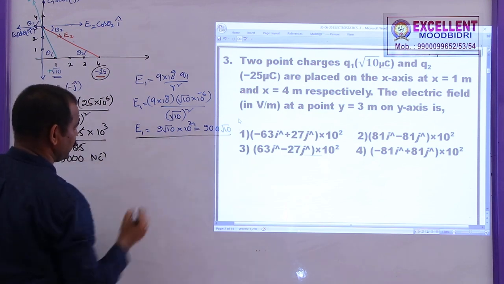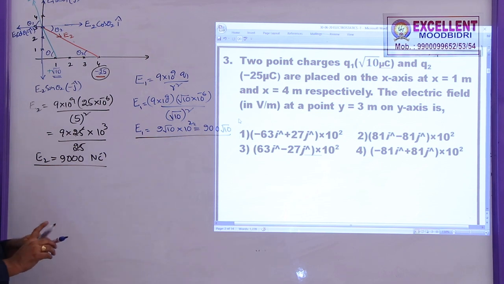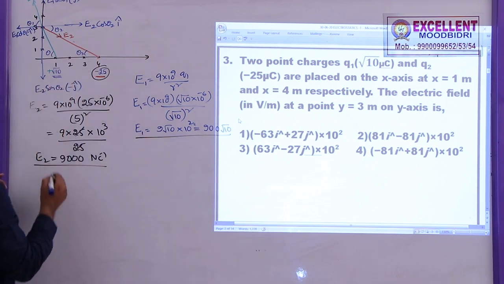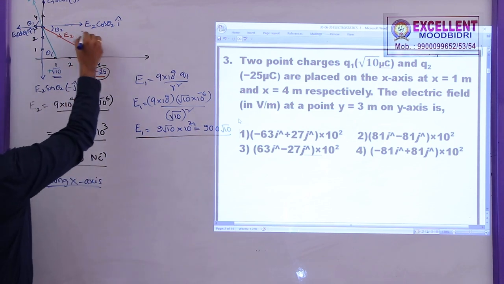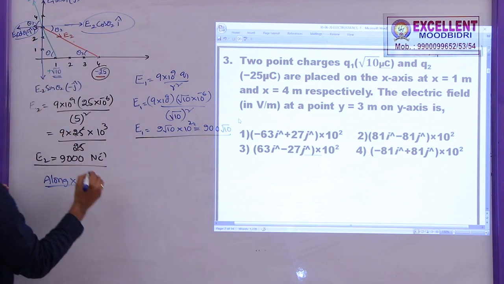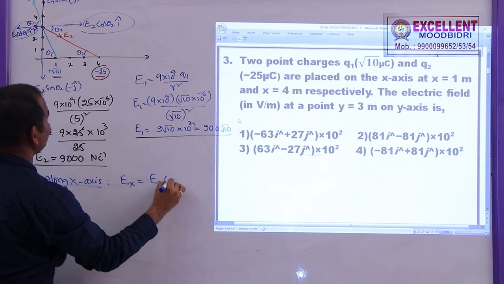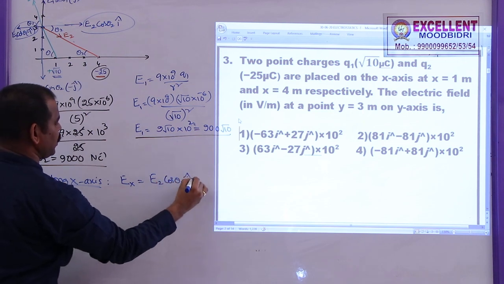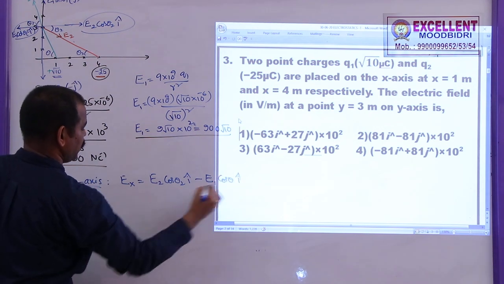So I got E1 as 900 root 10, E2 as 9000. Now I need to find these vectors. Along the x-axis, this minus this, that is Ex is given by E2 cos theta 2 i cap minus E1 cos theta 1 i cap.